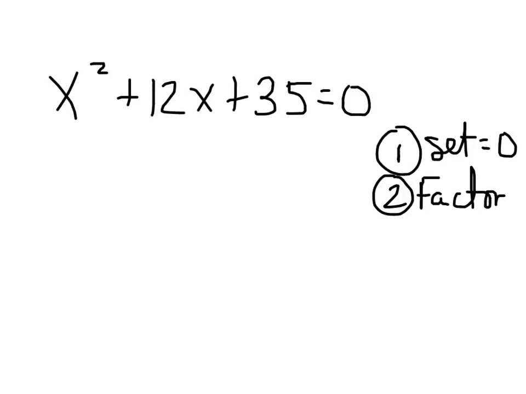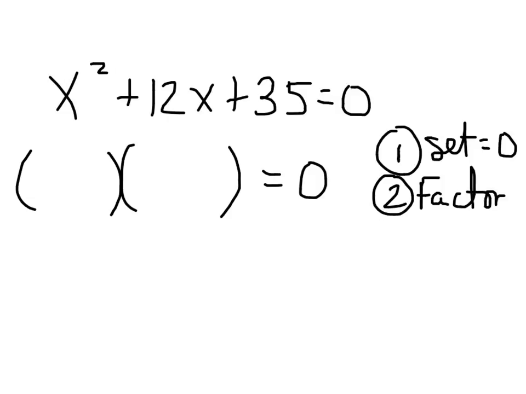This is why we did page 91, to get you practicing some factoring skills. Always ask yourself, what can you take out to begin with? Nothing, because they don't all three share something in common. Then set up your 2 sets of parentheses. Why 2? Because it's a quadratic, it's squared.